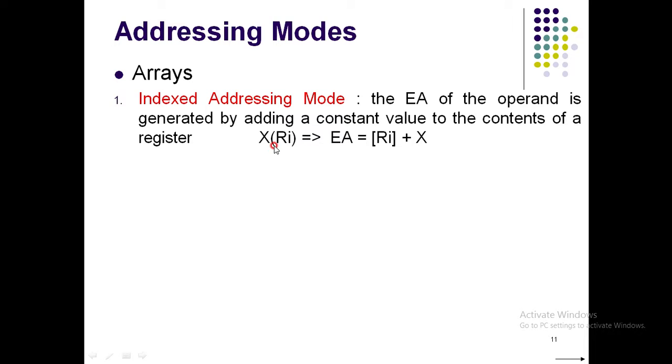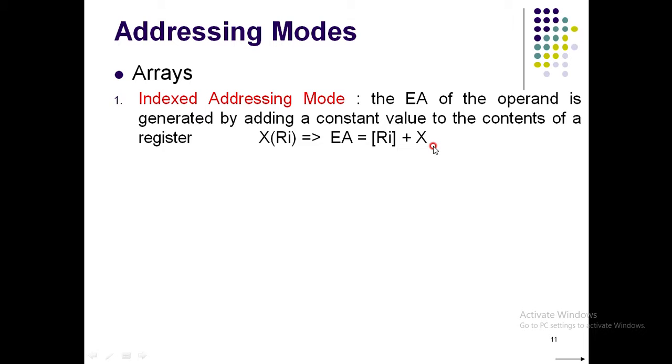So if I write X(Ri), then the effective address is the register Ri itself plus the constant value X. That is, the effective address is equal to the contents of the register, [Ri], plus the constant, which is X.